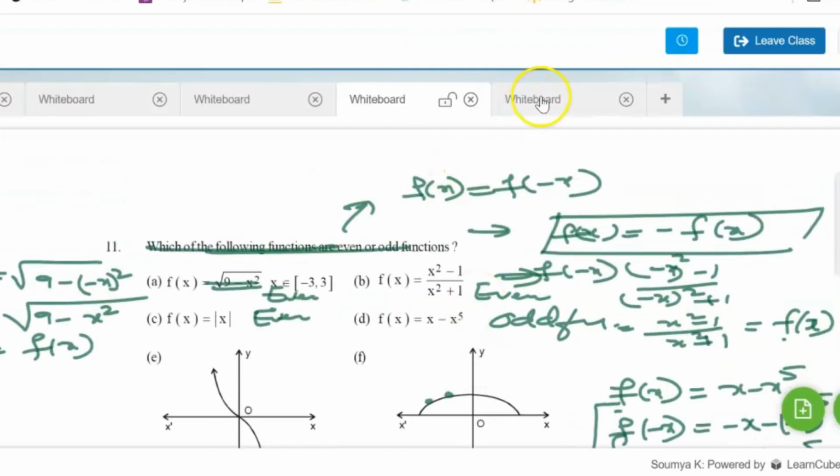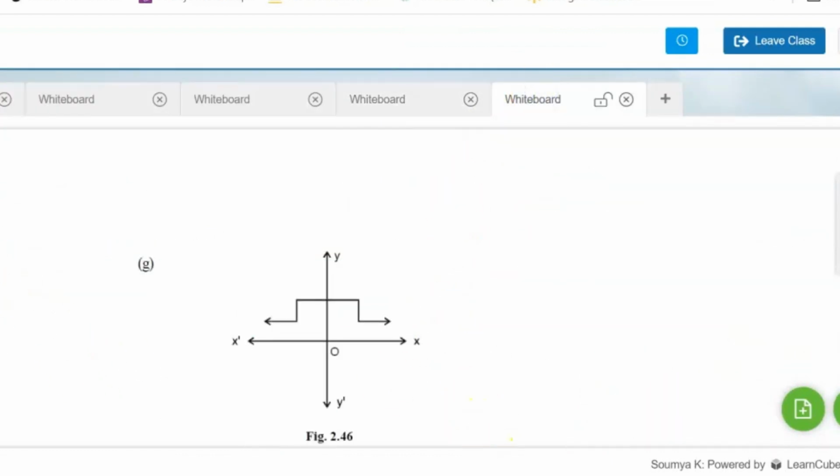And let's see the next question. So if you take this G question, it again has symmetry about the y-axis. That's why we can say this is an even function.